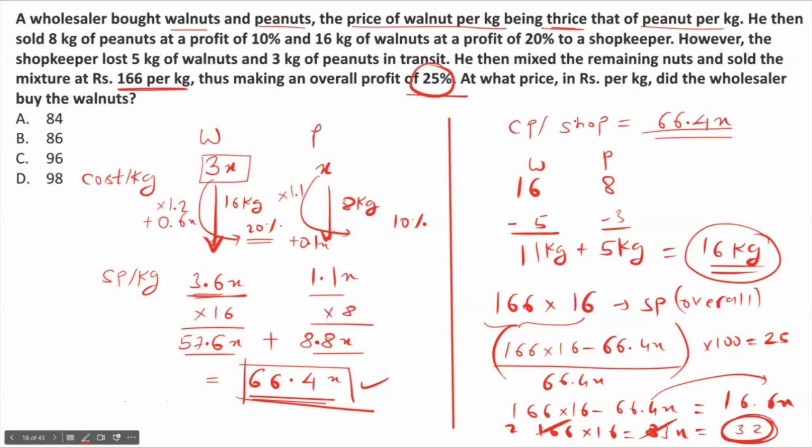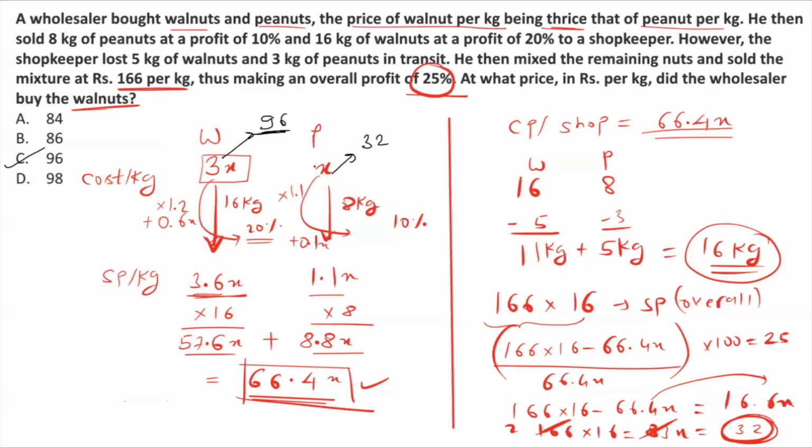We are looking for the price at which the wholesaler bought the walnuts. The value of x we have found is the buying price for the peanuts, that is 32. So the buying price of walnuts will be 3 into 32, or 96. That is option C, 96 rupees. That's how you solve this question, pretty straightforward.